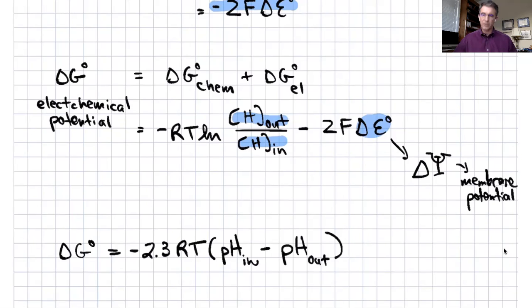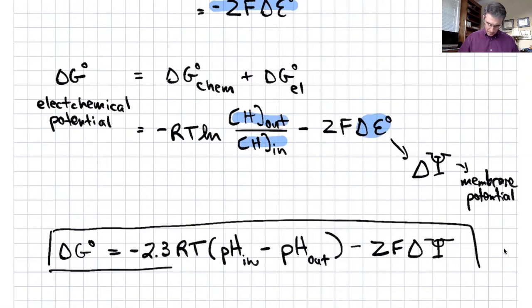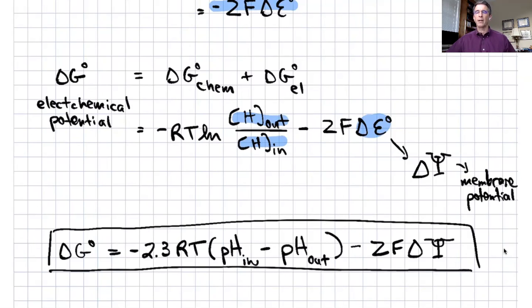There's our chemical potential, minus ZF delta psi, which is the change in electrostatic potential in volts across the intermitochondrial membrane. This expression allows us to calculate the free energy of the electrochemical gradient across the intermitochondrial membrane, given a known measurement of pH difference and of the electrostatic field potential.